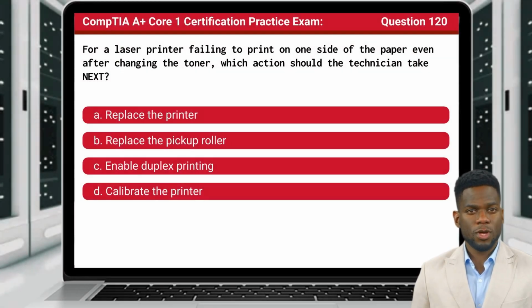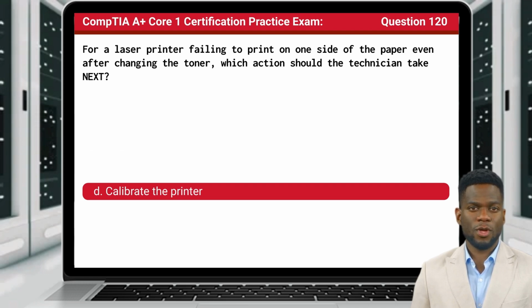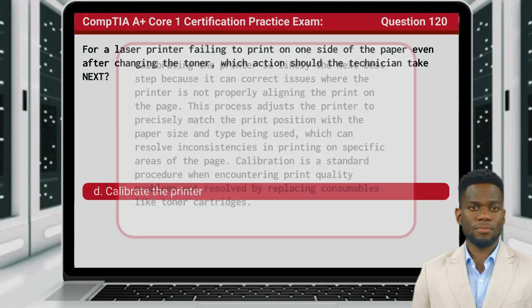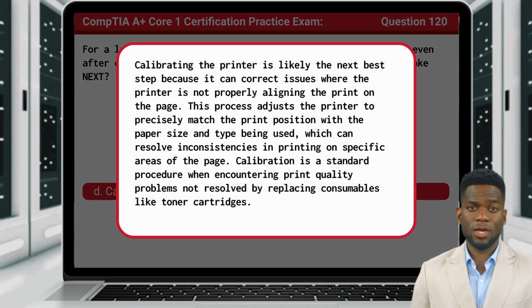Question 120. For a laser printer failing to print on one side of the paper, even after changing the toner, which action should the technician take next? The answer is D. Calibrate the printer. Calibrating the printer is likely the next best step because it can correct issues where the printer is not properly aligning the print on the page.